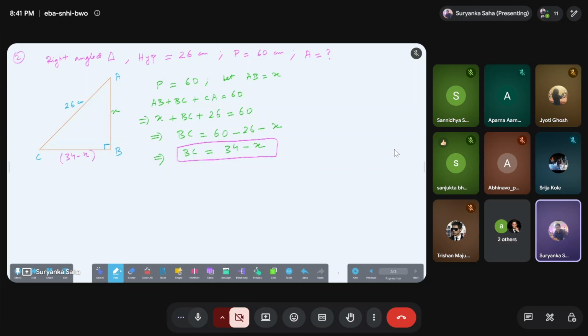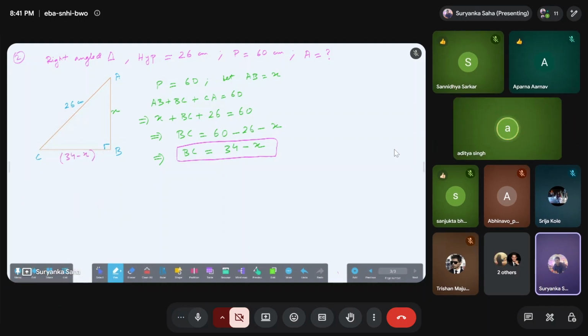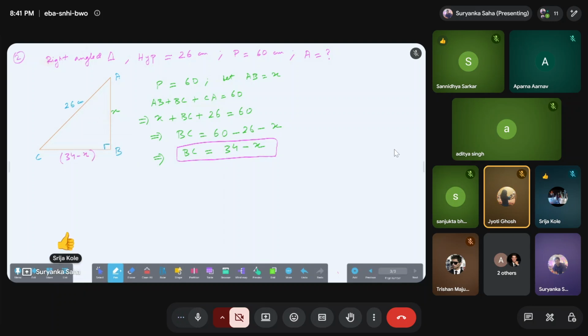So AB is x and BC is 34 minus x. Is this much clear? Please look at the screen and confirm. Everyone, give me a confirmation. Yes sir, clear.